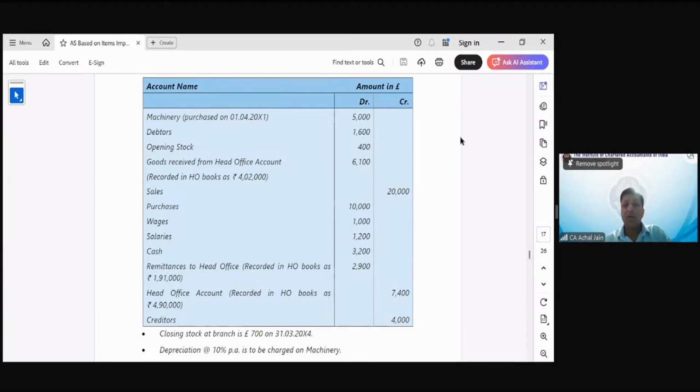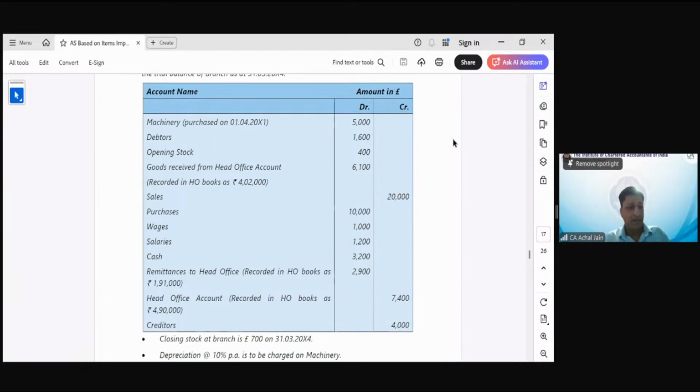Please remember all the assets, all the liabilities will have to be translated.